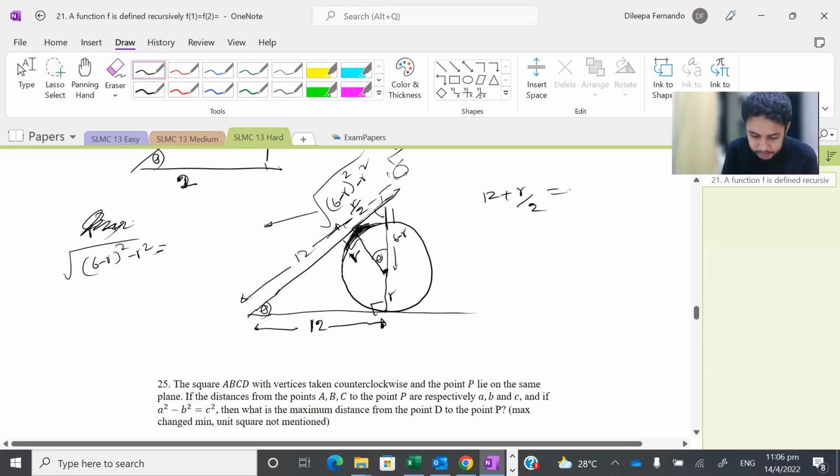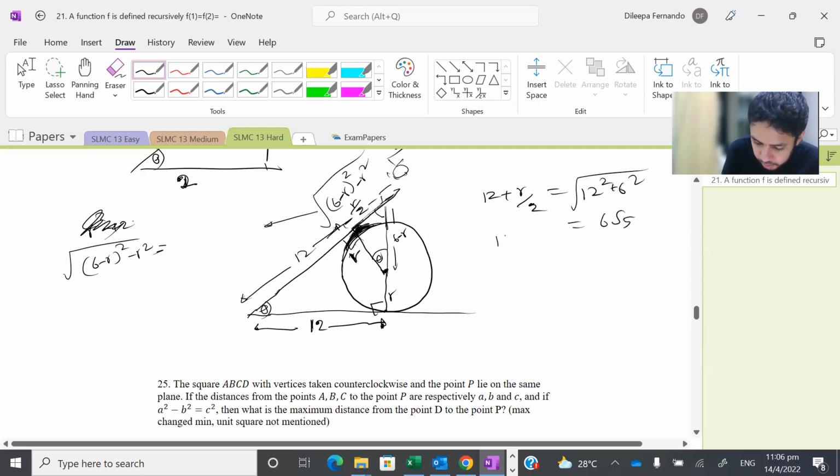equals, so you have 12 here, 6 here. So by Pythagorean theorem, the long diagonal becomes 12 squared plus 6 squared, which becomes 6 root 5.